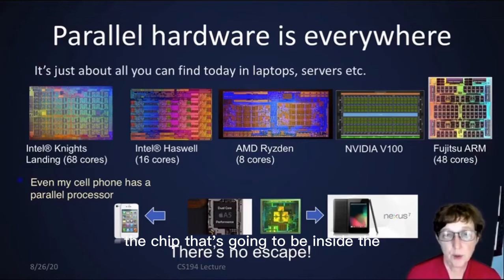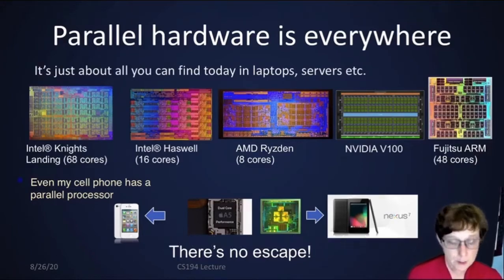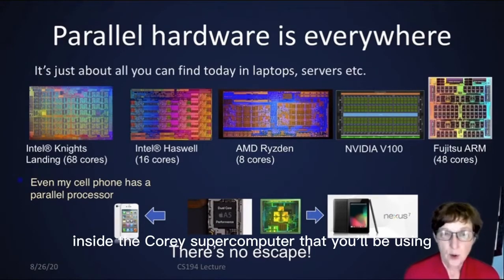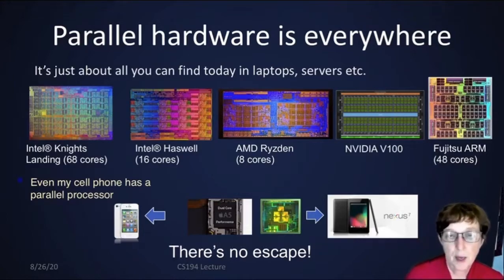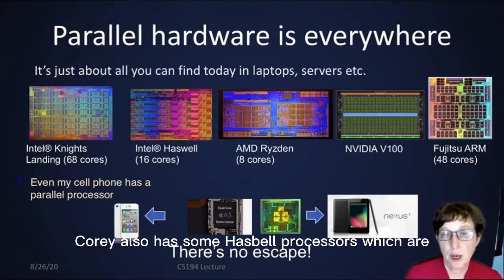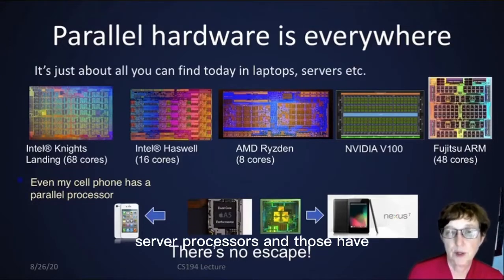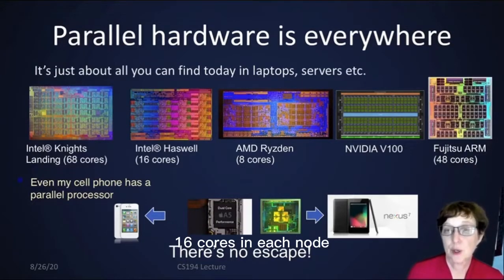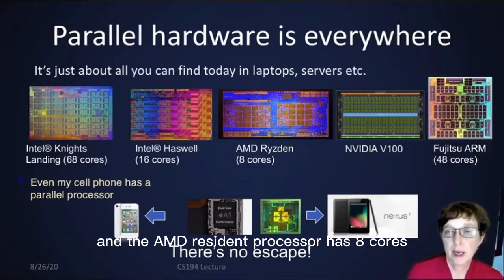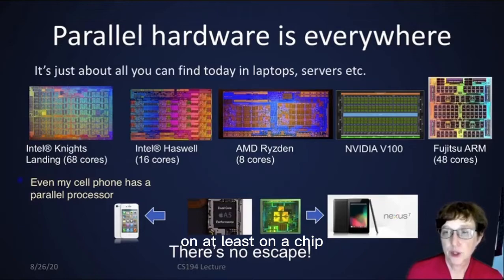That's the chip that's going to be inside the Cori supercomputer that you'll be using. Cori also has some Haswell processors, which are a little bit more traditional server processors, and those have 16 cores in each node. And the AMD Risdon processor has 8 cores, at least on a chip.